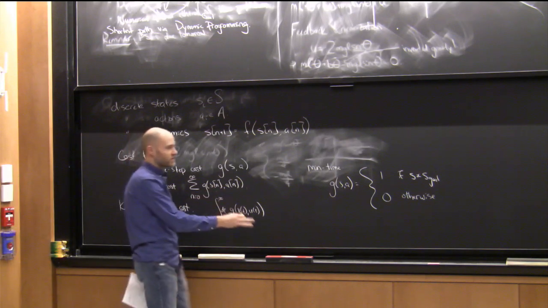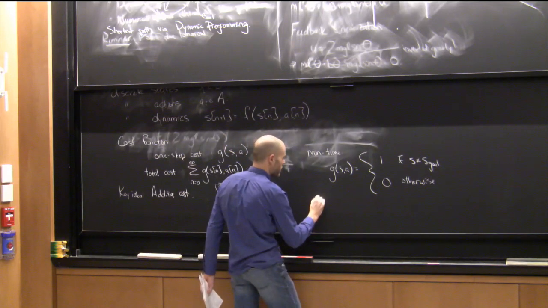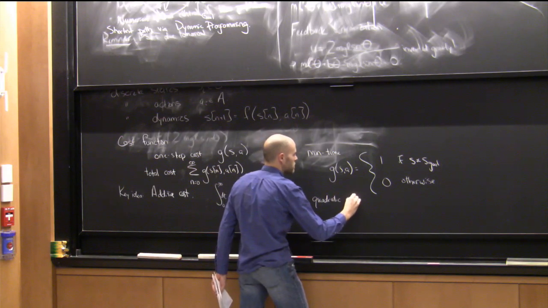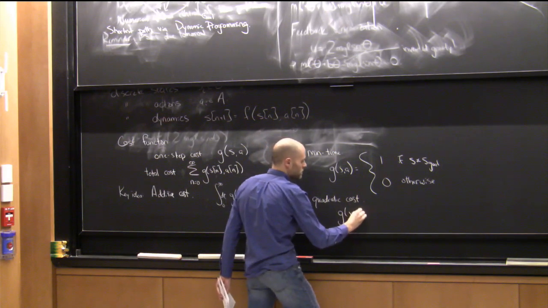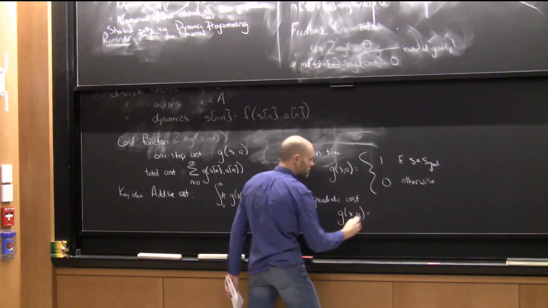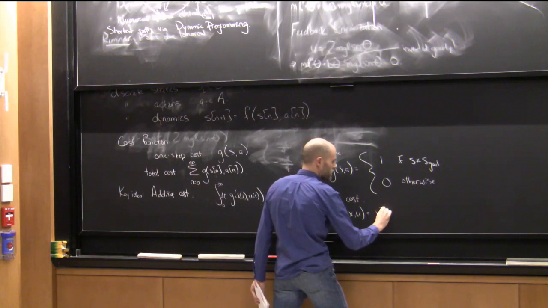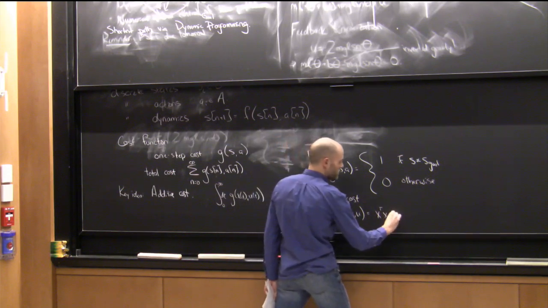Oftentimes we'll see things that are smoother functions. Another example that we'll see a lot is a quadratic cost. It makes more sense to write it in continuous time, but you could do it in discrete. You might see, for instance, x transpose x, something like x squared plus u squared.